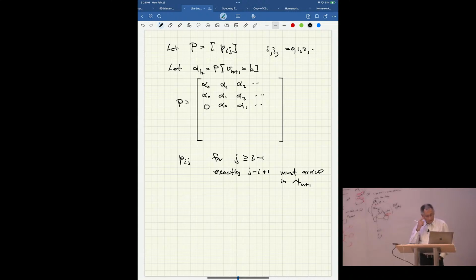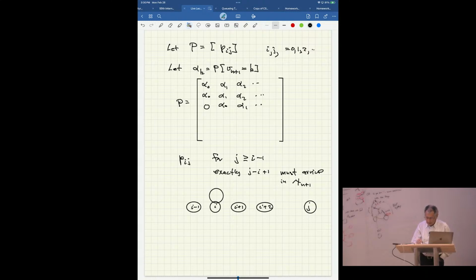Okay. So let's draw the state diagram for these changes, okay? Let's draw the state I minus 1, the state I plus 1, the state I plus 2, and some state j. Well, from state I, can I return to state I?